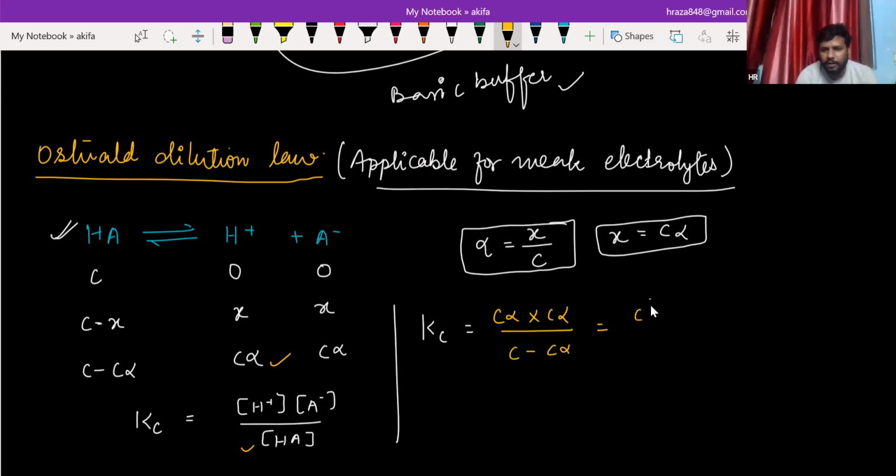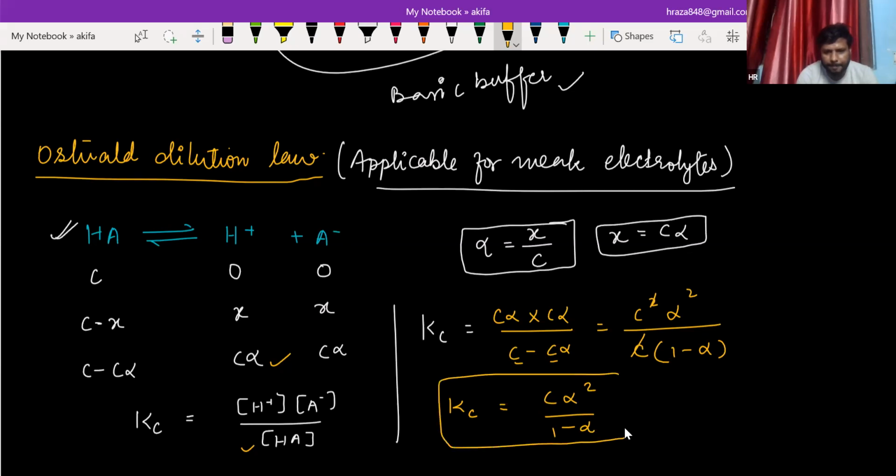I'm going to just solve it. C square alpha square upon, I'm going to take C as common, so 1 minus alpha will be left and one of the C will be cancelled. So Kc is C alpha square upon 1 minus alpha. Do you agree with this?